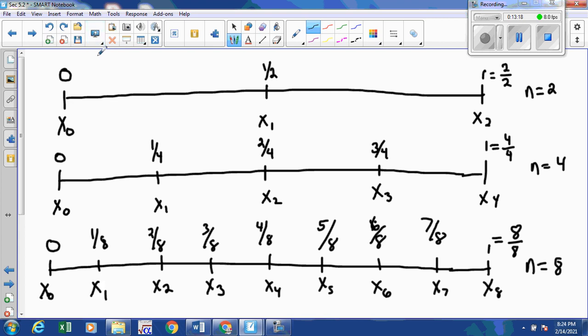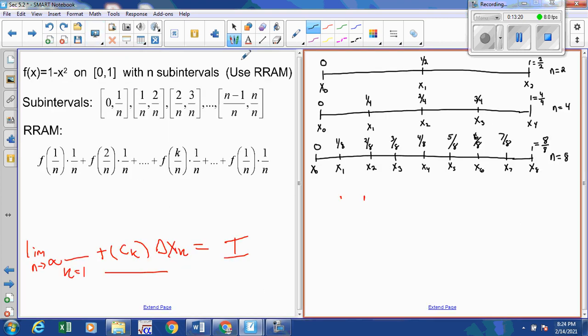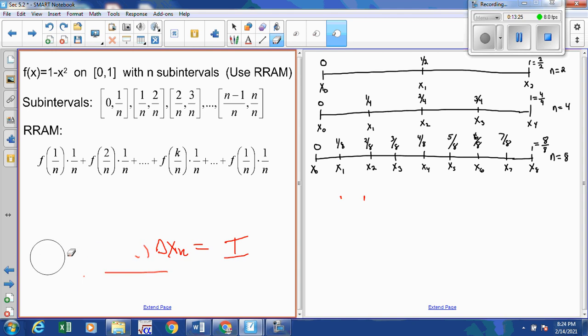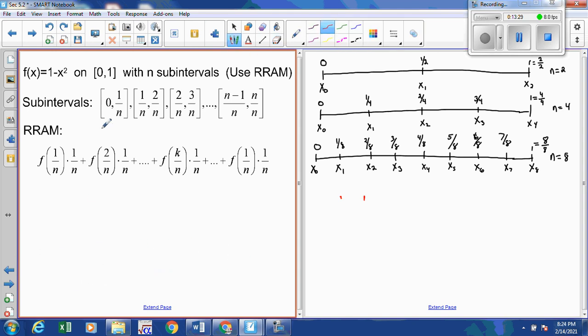That right there is what back here they have in this general notation. You can see that this general notation for n is showing what we have on the right. If n is 2, it would be 0 to 1/2, 1/2 to 2 over 2.